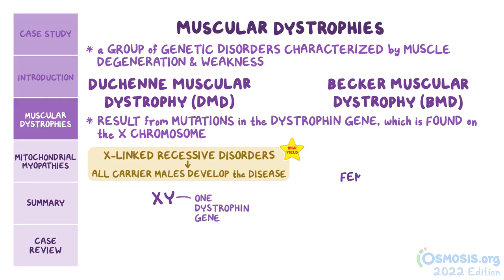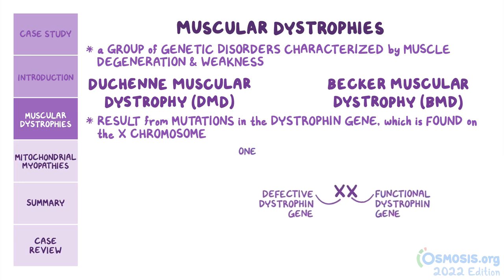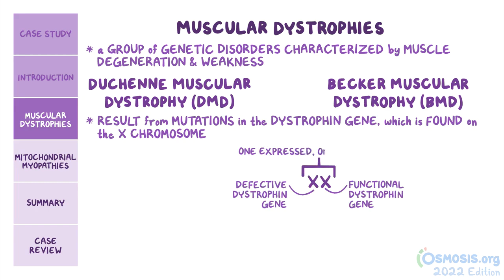On the other hand, females have two X chromosomes, so even if they have a defective dystrophin gene on one X chromosome, they still have another functional one. However, only one X chromosome gets expressed, and the other is inactivated through a process called X inactivation, or lionization. This inactivation is random, which means that every cell could have a chance of having the mutated X chromosome be the active copy.